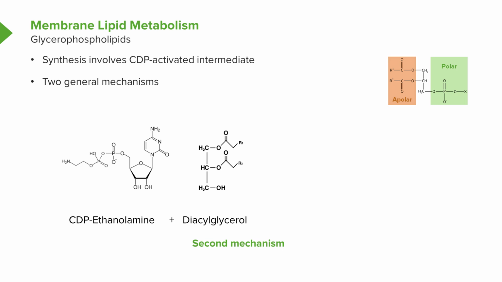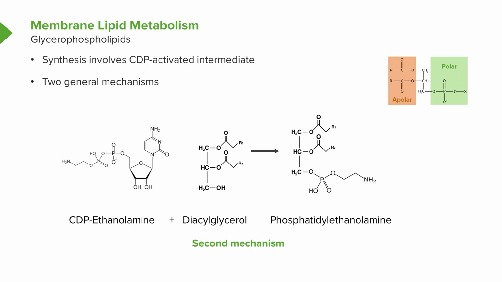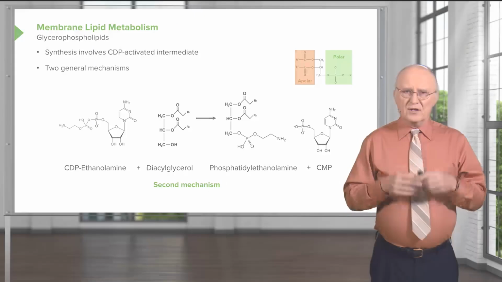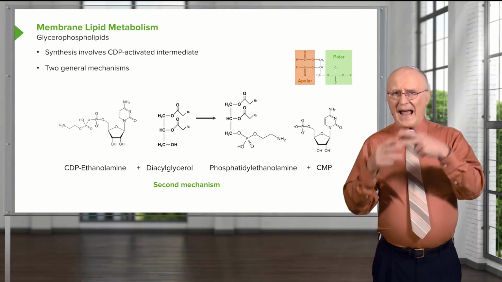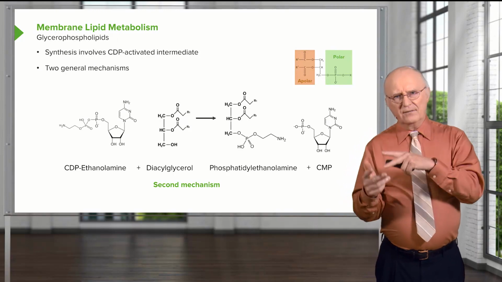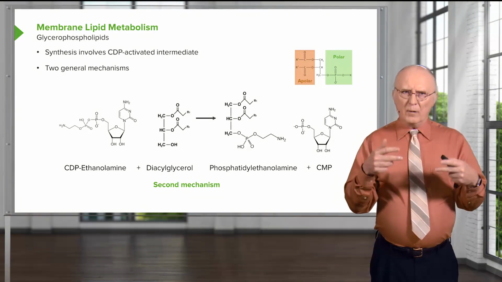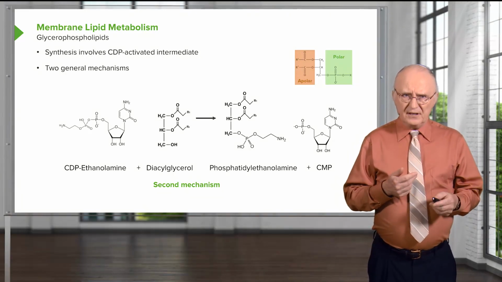Now, this is not phosphatidic acid in this case, but rather it's a phosphatidic acid minus the phosphate, because the phosphate here is coming from the activated intermediate. When we put these two together, we make phosphatidylethanolamine and CMP. So we've split off the CMP, and once again, we came in with 2 phosphates on the activated intermediate. One of them got carried forward into making the final phosphatidylethanolamine. So these 2 mechanisms that I've described, either activating the phosphatidic acid or activating the molecule added to it, are general ways in which glycerophospholipids are synthesized in cells.